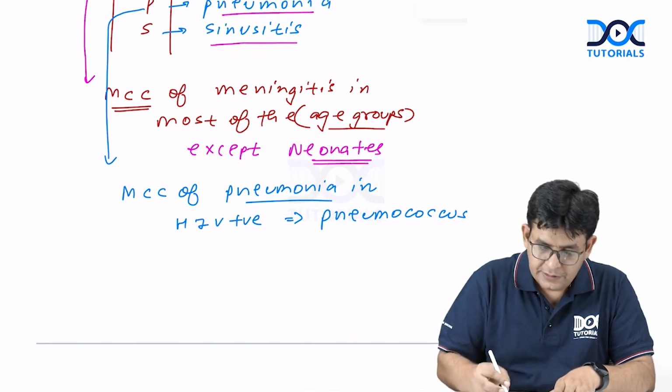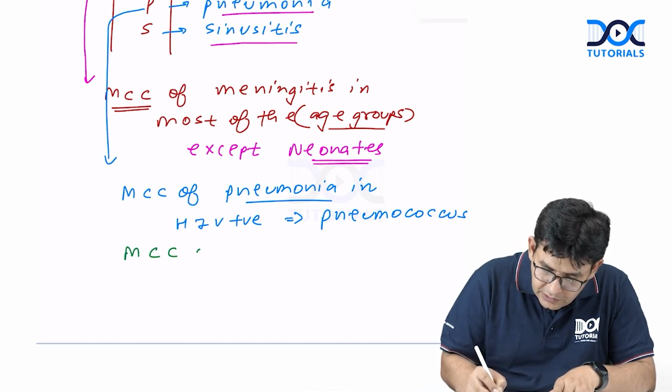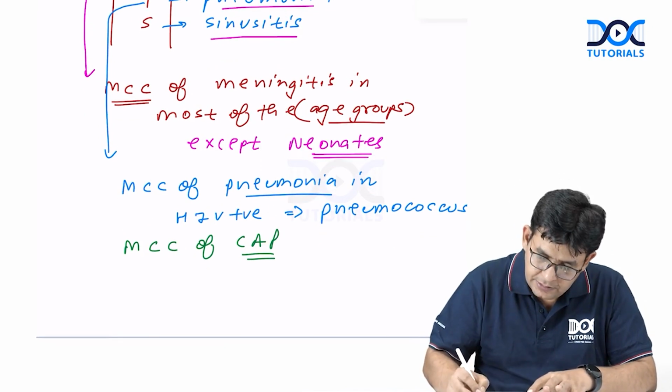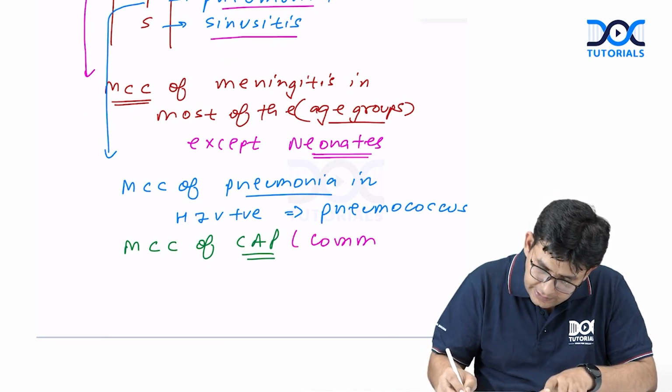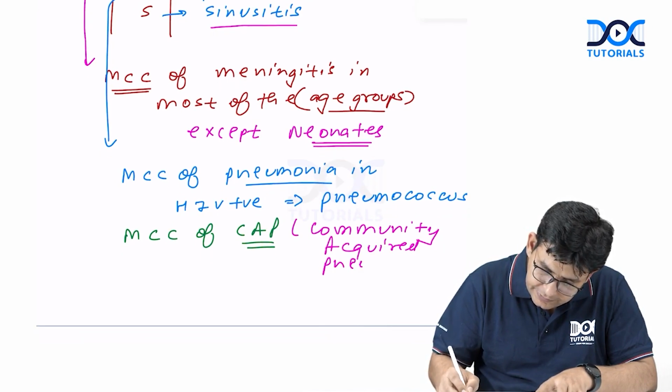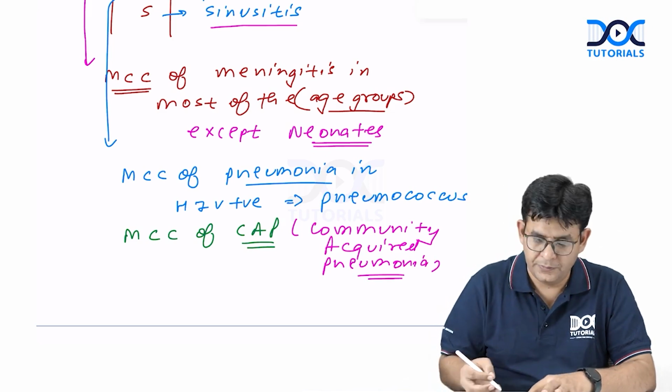Recently asked question. Most common cause of CAP. What is CAP? Community acquired pneumonia. The most common cause of CAP is pneumococcus. Okay.